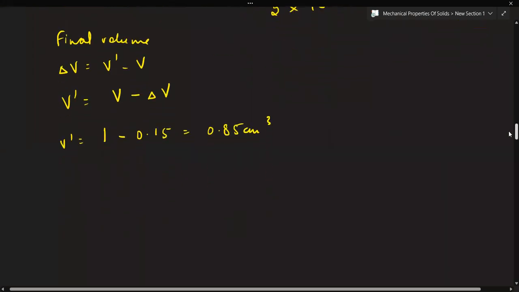Now we have the volume with us. I hope you know this formula: density is equal to mass by volume. So the final density which we want to calculate, the mass is 1 gram. It was written, 1 gram per centimeter cube.